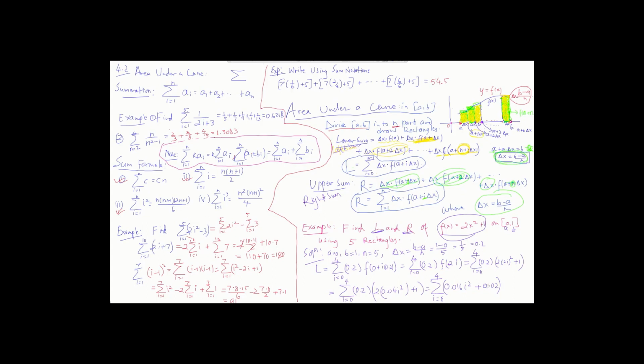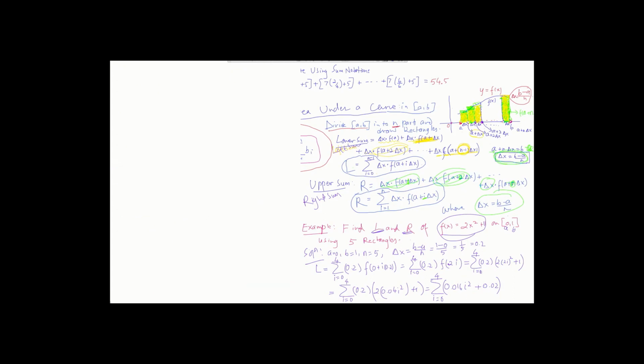You got that one. Okay, so next we distribute the summation to both of those. So this is equal to the summation of 0.016 i squared, plus the summation of 0.2, where i runs from 0 through 4. What is the formula for i squared?